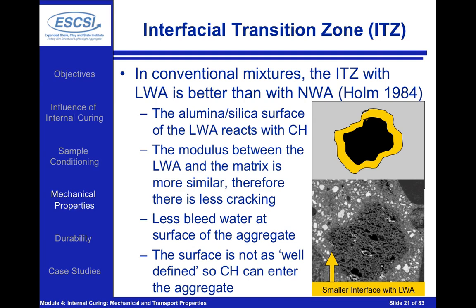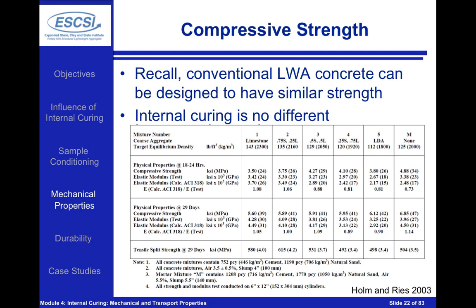We're not going to be collecting water, and calcium hydroxide can react with and actually go inside of the lightweight aggregate. So part of this discussion is that when we use lightweight aggregate, we typically see a much smaller influence of an interfacial transition zone.